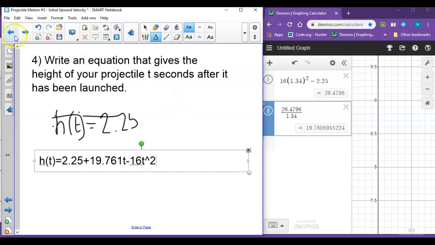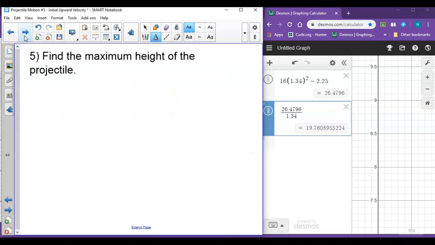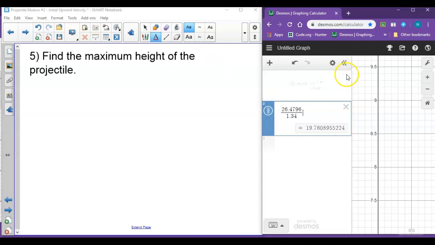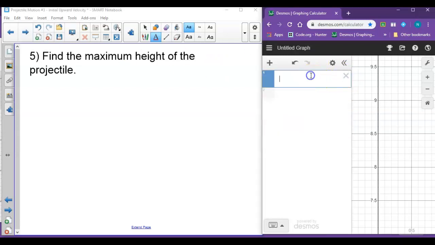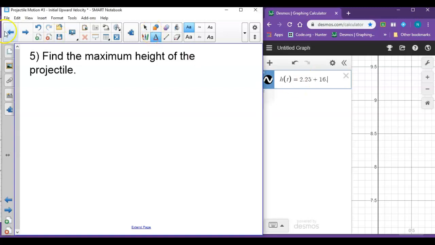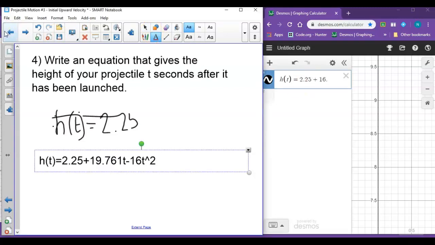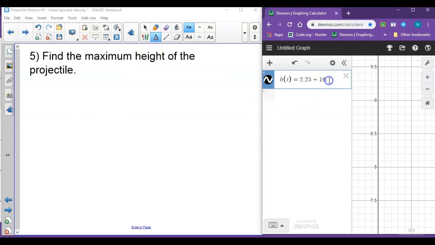And then the very last thing it's going to ask us is to find the maximum height of the projectile. Since we've already got that equation, that's not that difficult. We're just going to go to Desmos and type in our equation: 2.25 plus 19.761 t minus 16t squared.